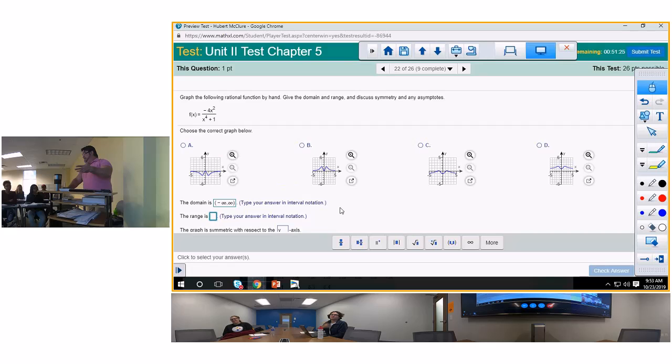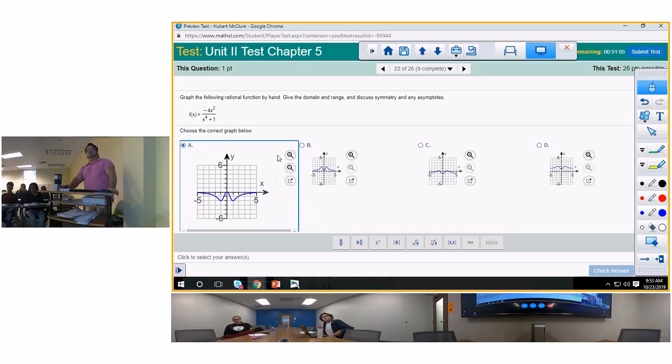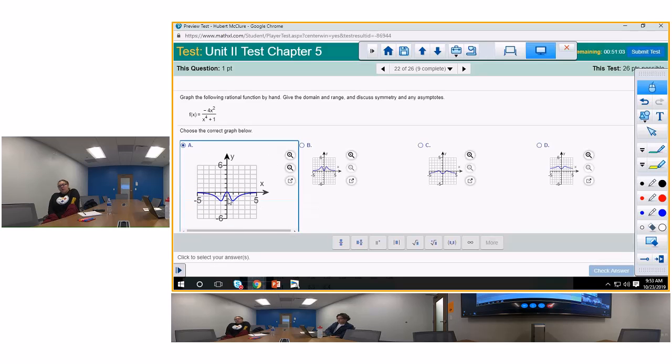I got it. Y'all got A? So what is the range? It looks like negative, whatever this is. That'd be -2 to 0. We're going to have to blow it up if that's it. Okay, are we touching 0?